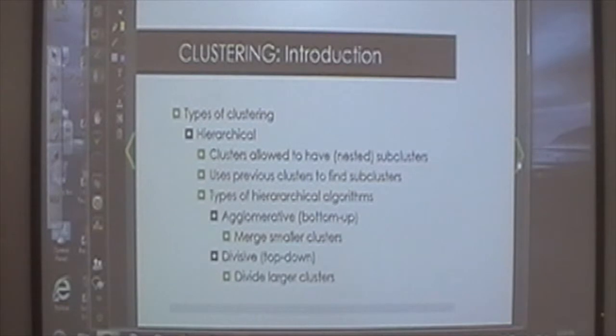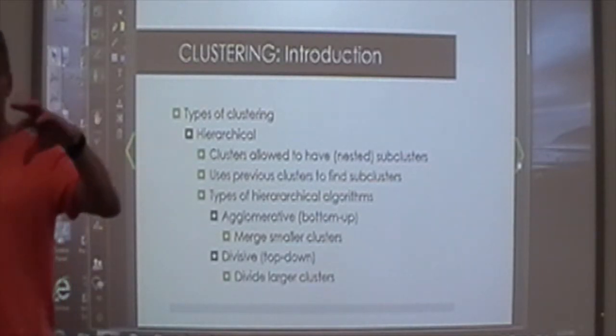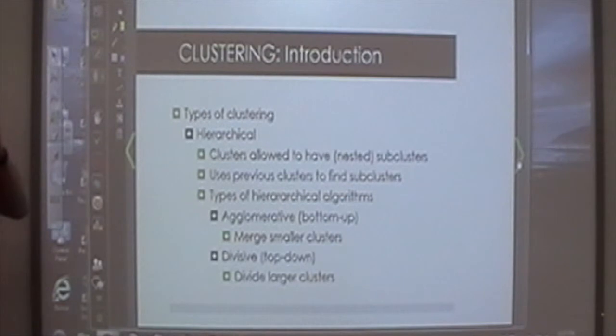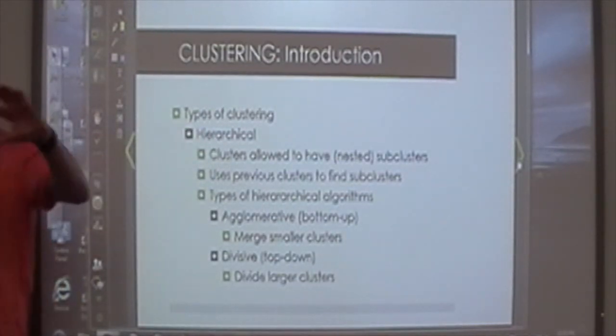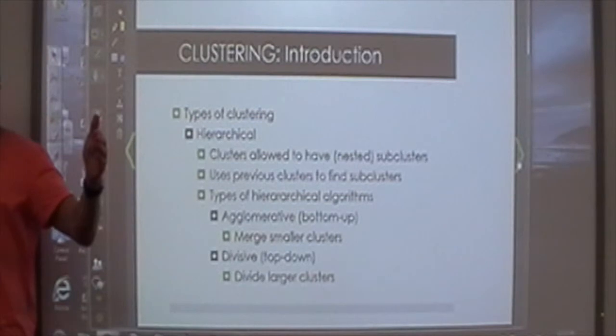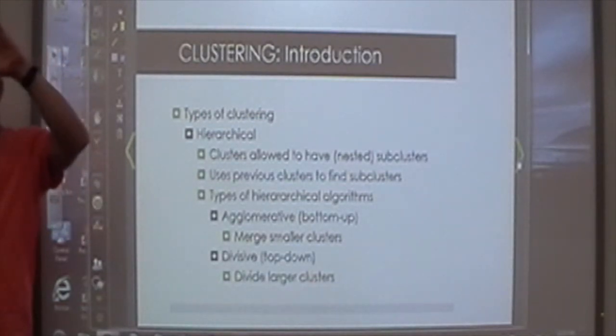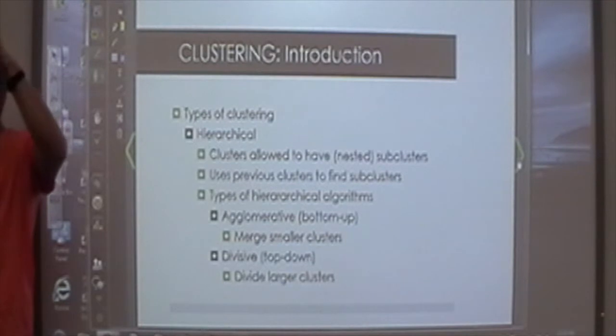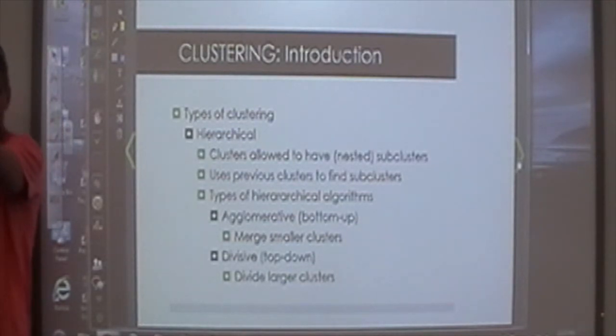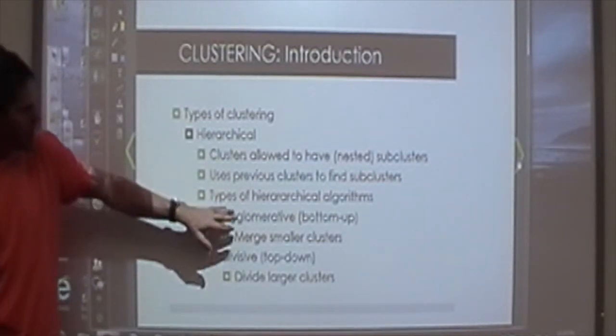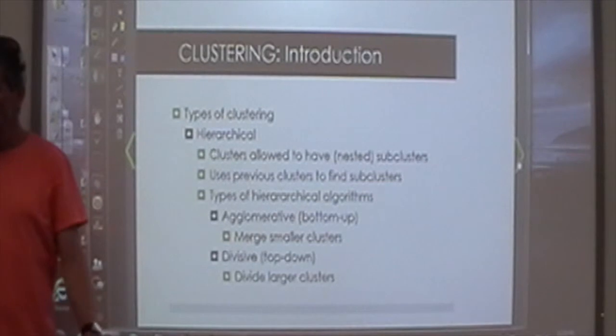So the basic types of clustering that we've actually already discussed break down into two big groups. You've got hierarchical clustering, which is where you start having clusters of subclusters. Like we saw before, you can start breaking it down. You've got big clusters, and each of those clusters has subclusters. There are two essential concepts here.